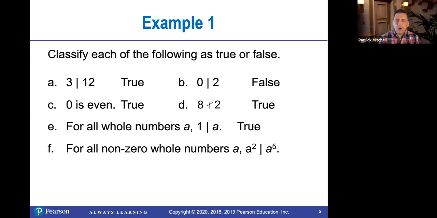Remember, that's called the quotient rule for exponents. So that's the one where you subtract the exponents. A to the 5th divided by A squared would be A to the power 5 minus 2, which is A to the 3rd. Is that a whole number? Well, if A is a whole number, then A to the 3rd is definitely a whole number. This is true.